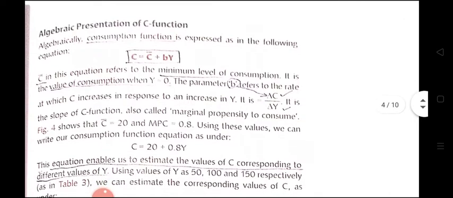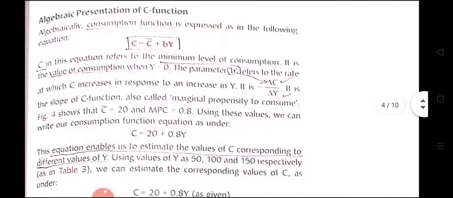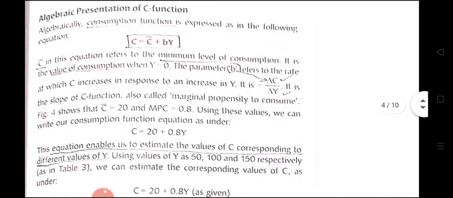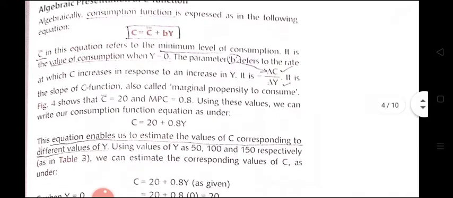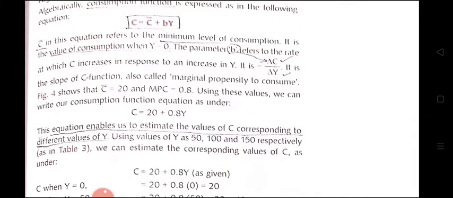Now, how to calculate the slope of the C function, the consumption function? C is equal to C bar plus bY. C bar is autonomous consumption, that is, at zero level of income, whatever is the consumption, that would be C bar. Small b is MPC, that is change in C by change in Y, and capital Y denotes the income.